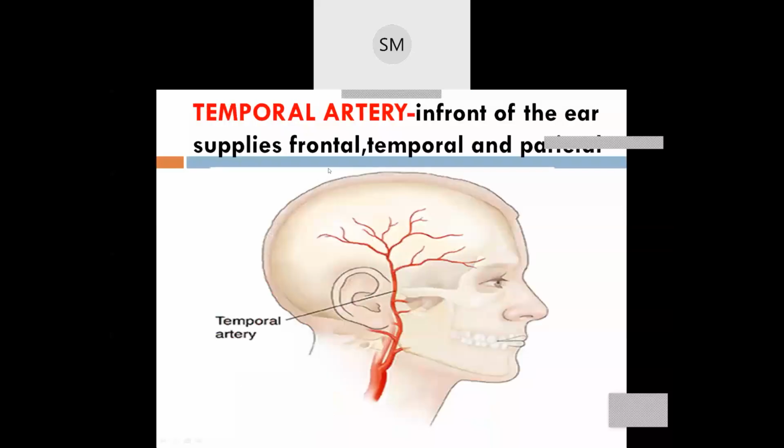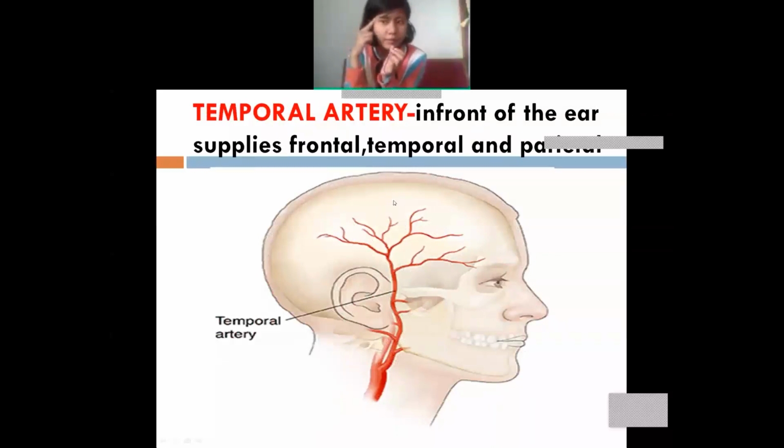Next is temporal artery. So temporal artery. In the previous semester, I taught you the temporal lobe and all. So temporal you will find here. Right, from the picture also you can see, in front of the ear. So this is your ear, just here you will find it. Okay, so this temporal artery will supply blood to where? It will supply blood to the front part of your ear, this area. Understand? This area. And as well as frontal, this area. Frontal.